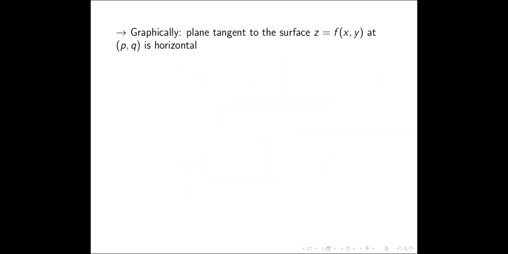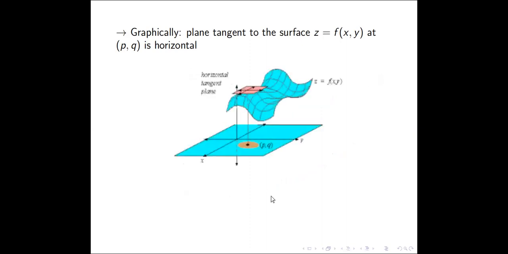Now, how do we find the local extrema of a given function of two variables? All we have to do is to observe the plane tangent to the graph, as shown here. So a while ago, this was the point that yields the maximum value, a high point on the surface given by the graph of z equals f of x, y, and observe that the plane tangent to that point on the surface corresponding to p, q is horizontal.